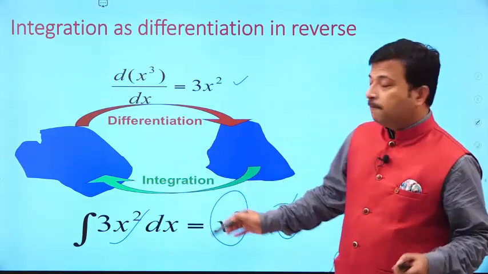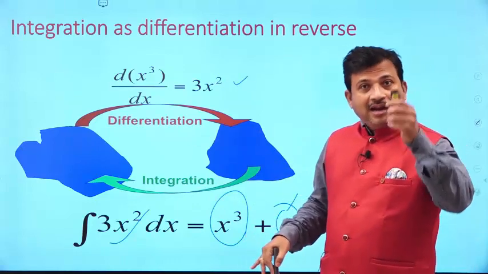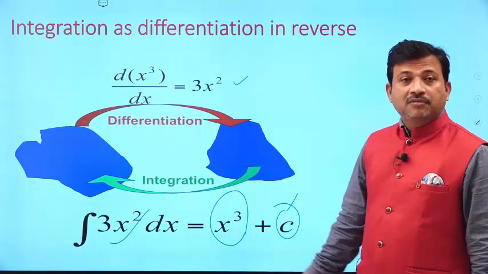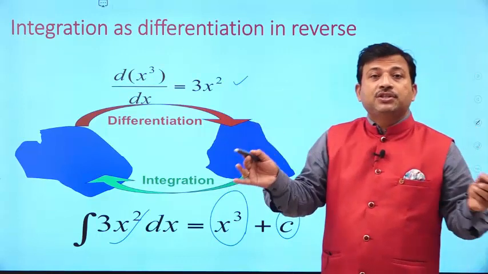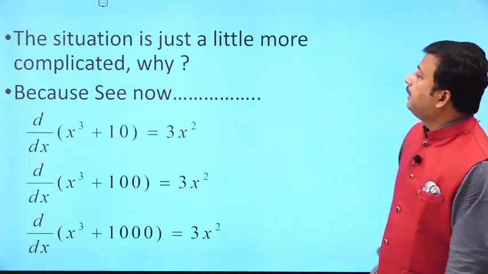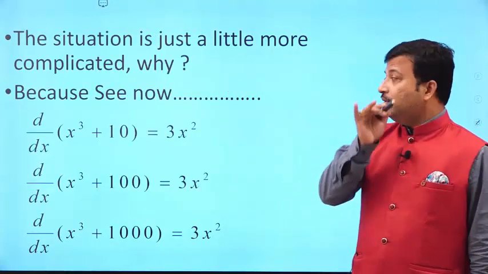If a function has an antiderivative, then only is it possible to evaluate the integration for it. So they are just opposite to each other. The situation is just a little more complicated. Why do I want to say this?